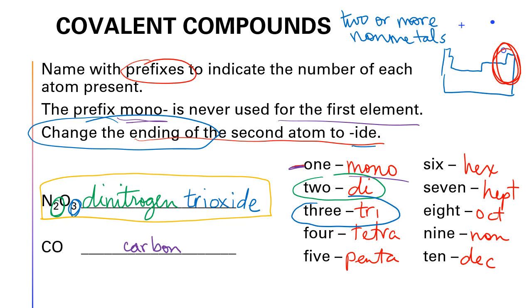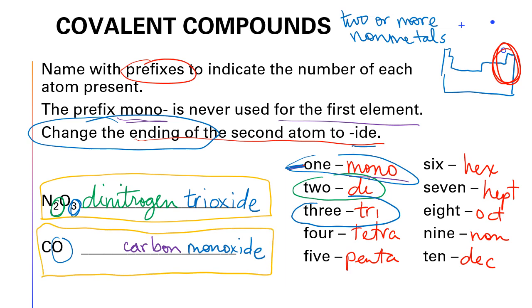For my second element, I see that there's only one oxygen, so I will use the prefix mono, and then oxide, and we're going to end it in ide. So here we have carbon monoxide. And that's how we're going to name covalent compounds with two or more non-metals.